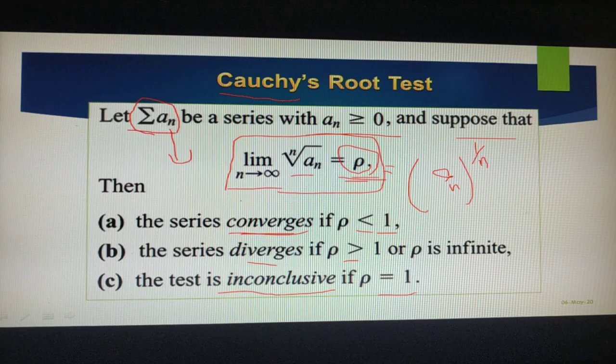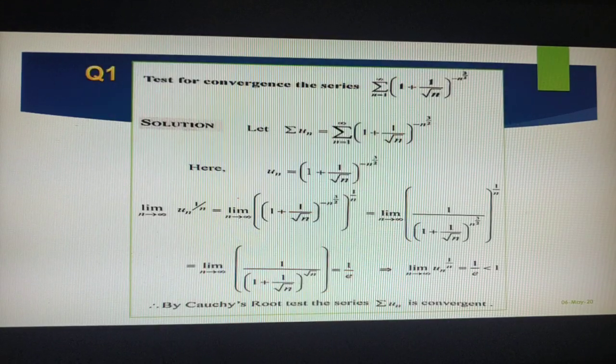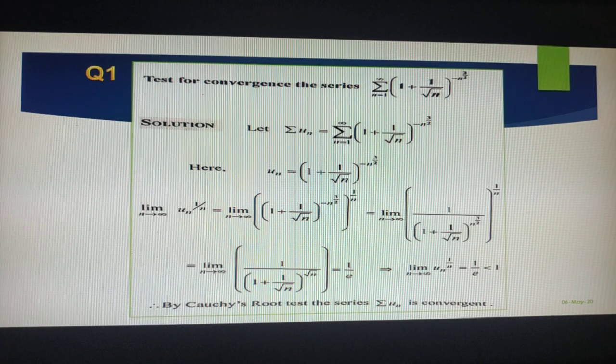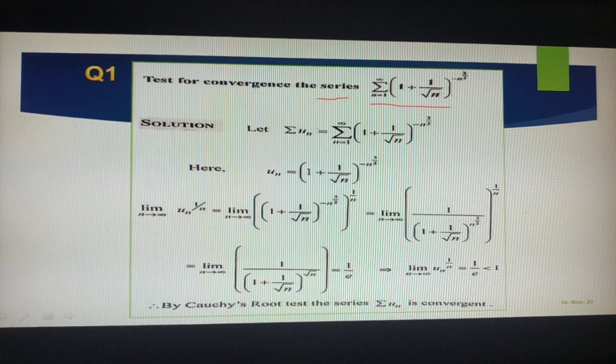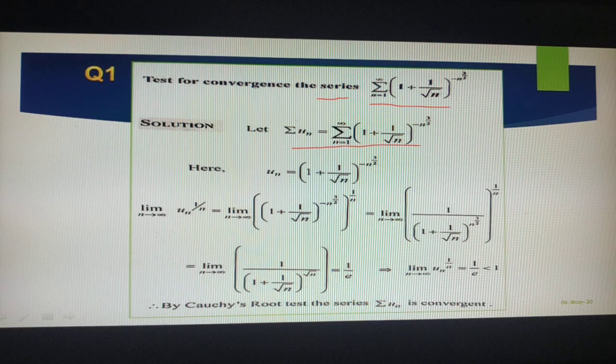So let's start with some problems so that we can easily understand. Test for convergence of the series. I was given the series n equal to 1 to infinity of (1 plus 1 by root n) whole to the power of minus n to the power 3 by 2. This is your series summation.